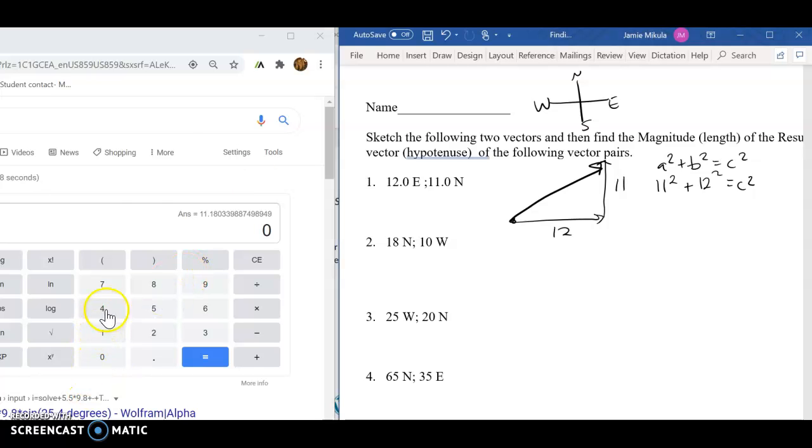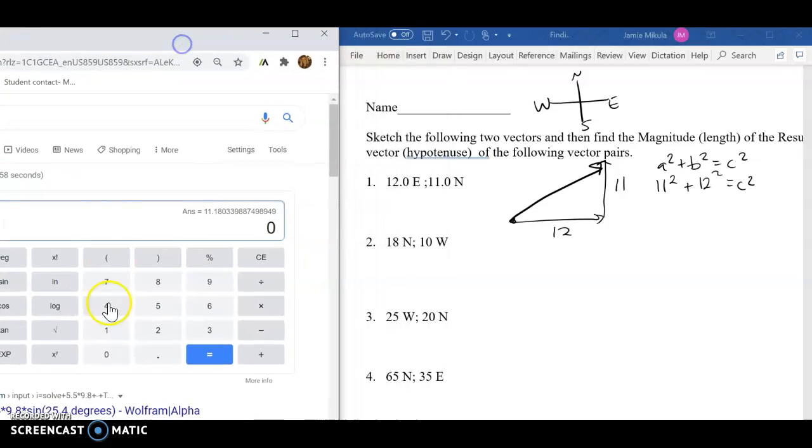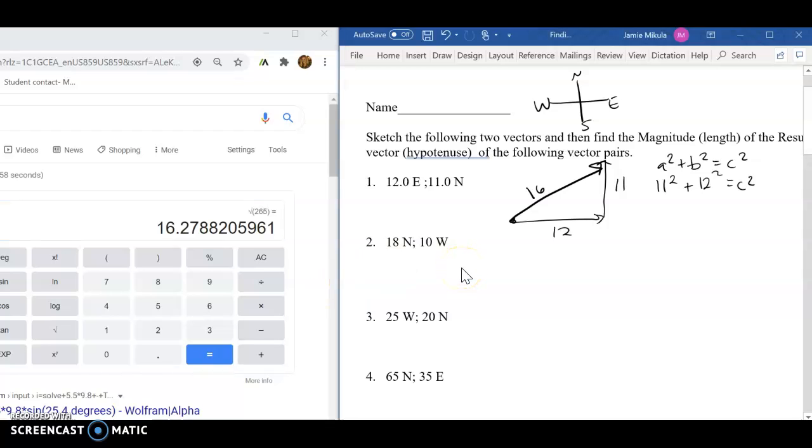So let me come over here to my calculator. 11 squared is 121, plus 12 squared is 144. I get 265. Square root of 265 is 16.2, or I can say 16.3.